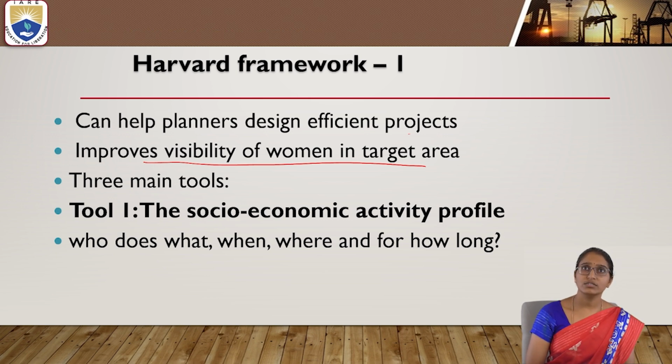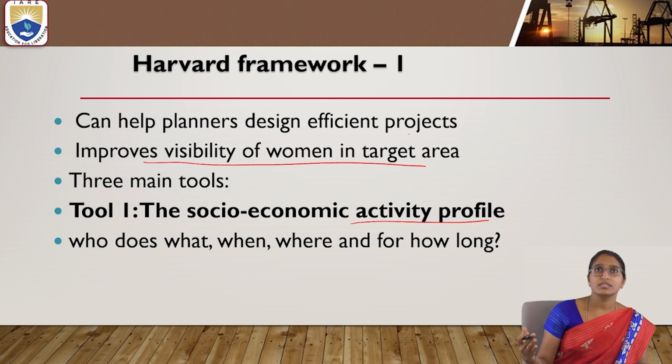So tool one is the socio-economic activity profile. Based on the type of activity that has been performed socially or economically by the specific gender of the people.